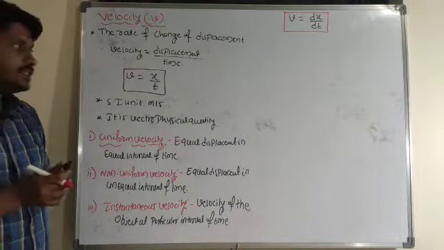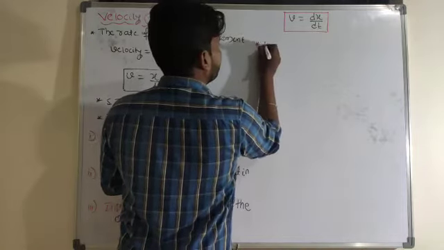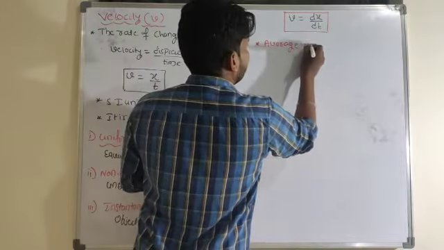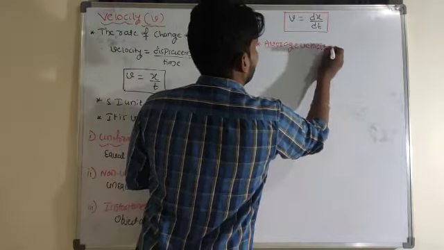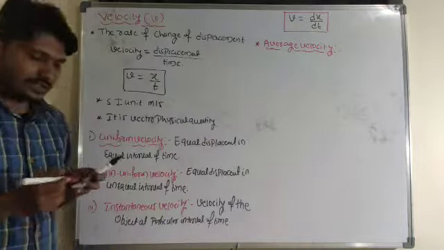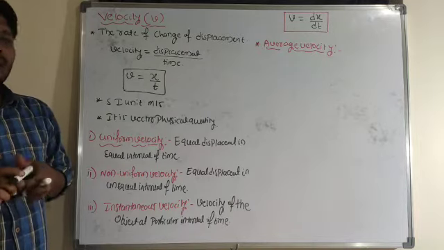So the last one is average velocity. So what is average velocity? It is the ratio of total displacement to the total time taken.